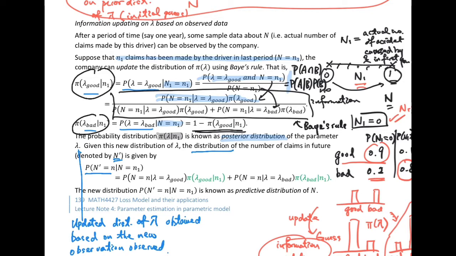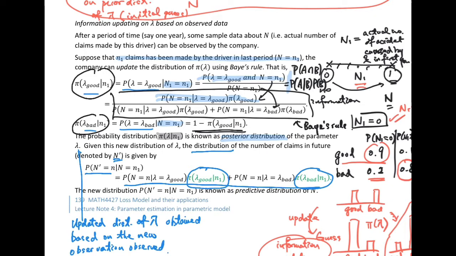Here you can use the conditional probability and the law of total probability to do the job. Basically we use the same formula, except that we use the most updated distribution of the lambda and calculate this new distribution.